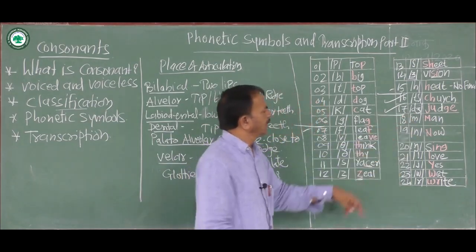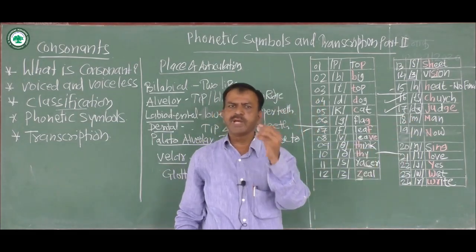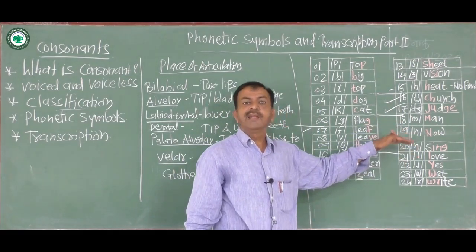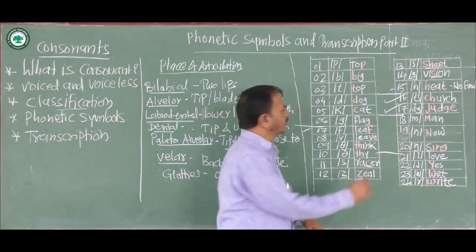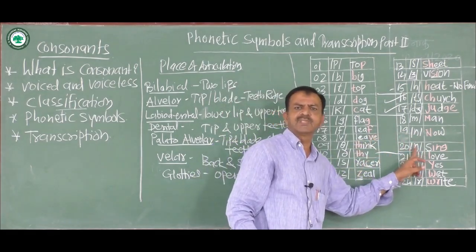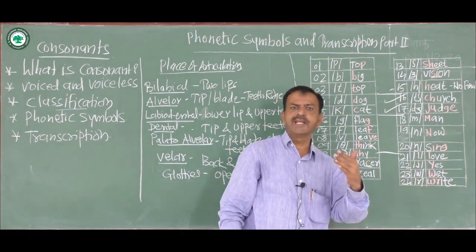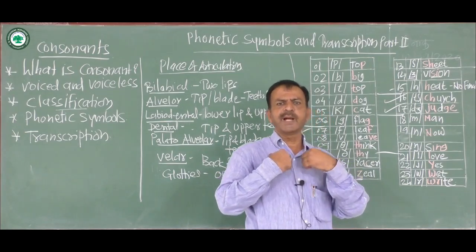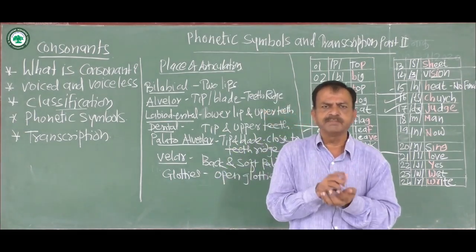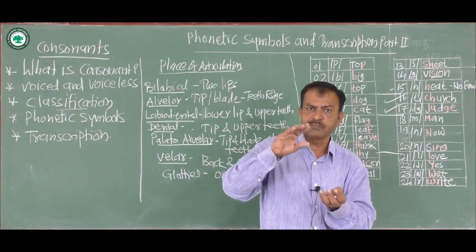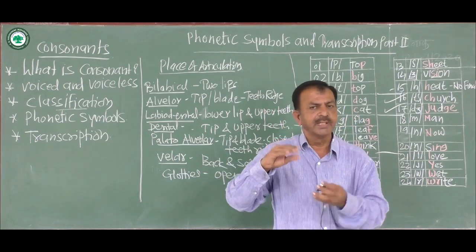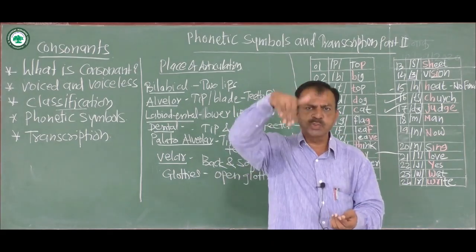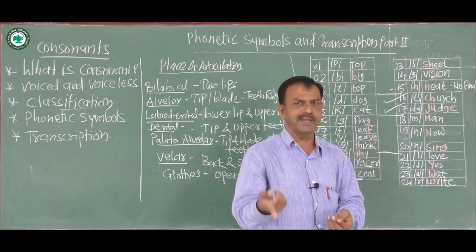The next three sounds we are going to study are m, n and ng. These three sounds are known as nasal sounds. So what is a nasal sound? Again, the air through the windpipe enters the mouth cavity, and when the two articulators come together, the air, instead of releasing through the mouth, enters through the nose cavity or nasal cavity.